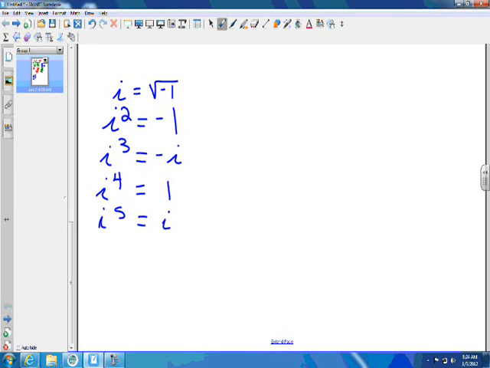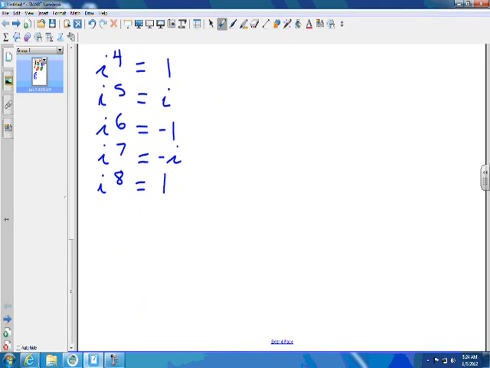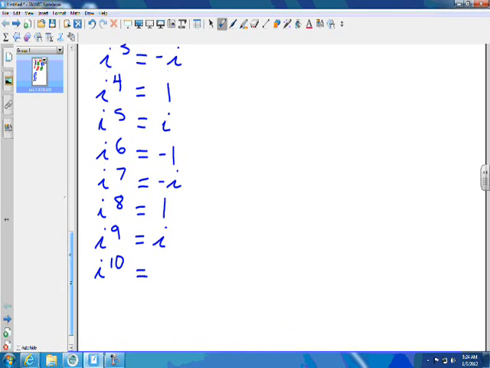So that's the first one again. i to the sixth is going to be -1. i to the seventh is going to be -i. i to the eighth is going to be 1, and it starts repeating again. i to the ninth equals i. So what would i to the 10th be? -1. And we keep repeating again in 4. Every fourth one will be the same.